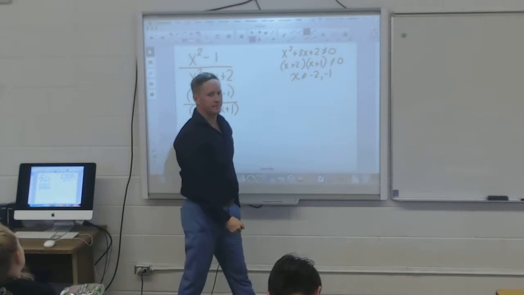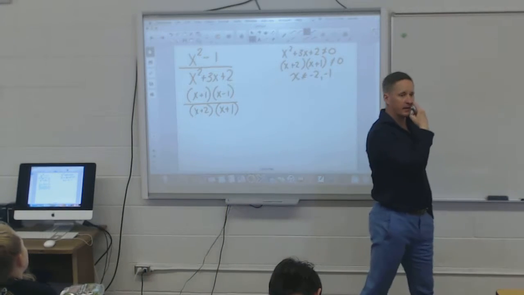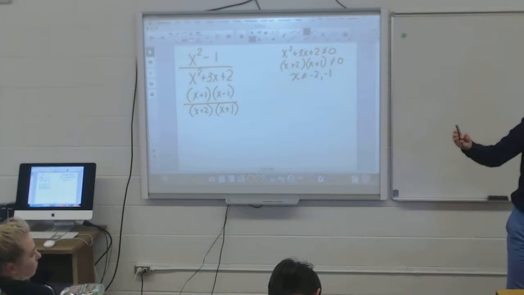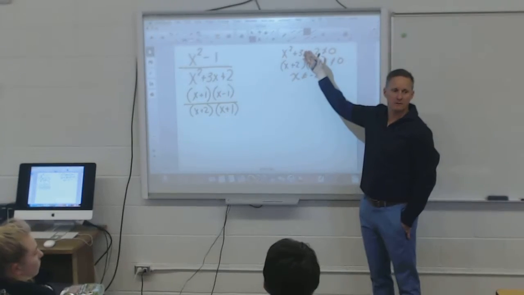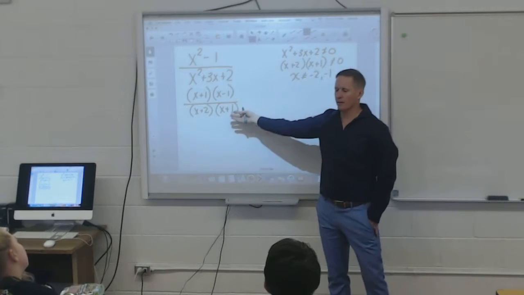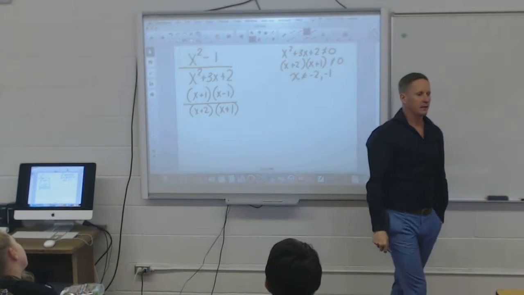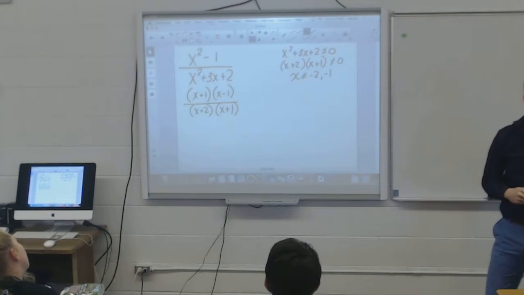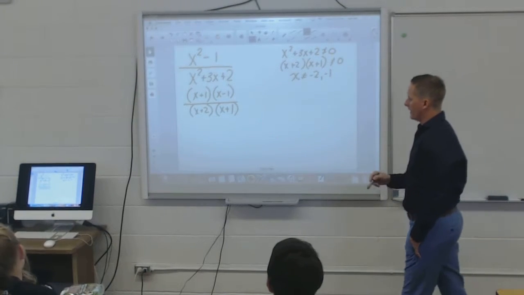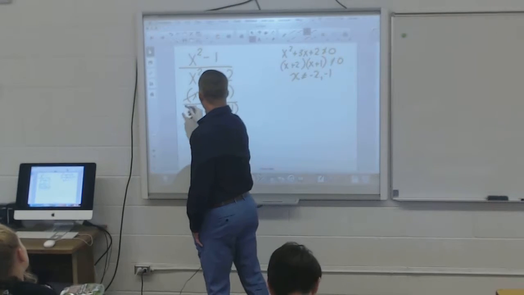Okay, so I factored the top, I factored the bottom. The beauty of this, we've already factored the bottom always. So all I have to do is just rewrite it. Okay? Now I have a fraction. Is there something common on top and the bottom that I can cancel? X plus 1, X plus 1.